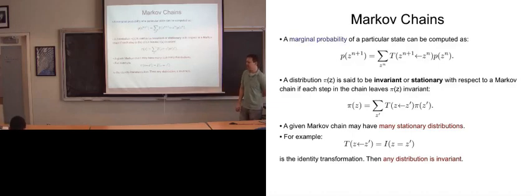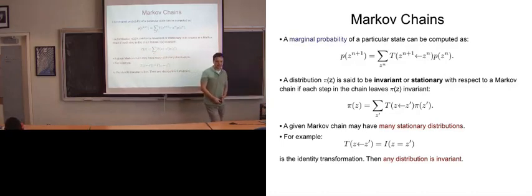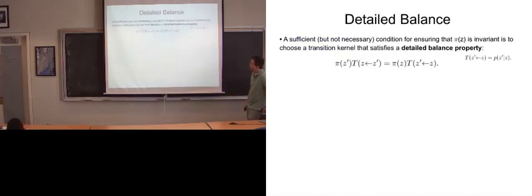It basically says, stay wherever you are. Don't do anything. It's the identity transformation. Then any distribution is invariant. Right? Obviously, plug in any distribution, you just say, stay where you are. That's given by pi z. So in principle, a given Markov chain may have many stationary distributions.